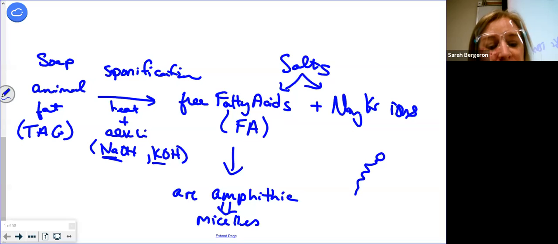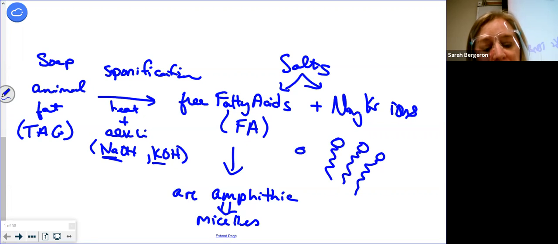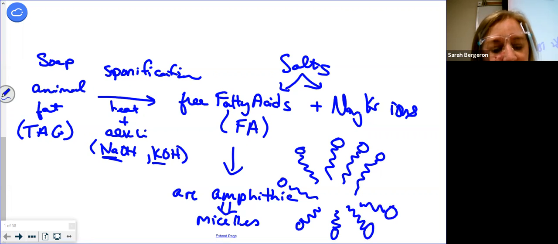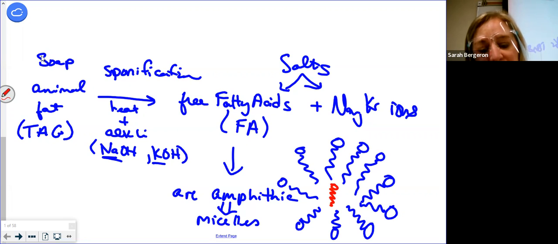If this is your free fatty acid, you've got a polar head and a tail, and this is a micelle. If I want to wash fat off of my hands, then I'm going to have my fat here and the tails are going to kind of associate.